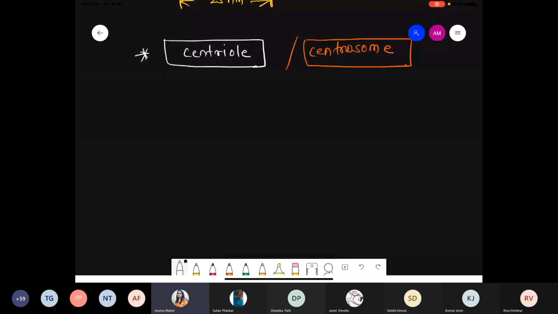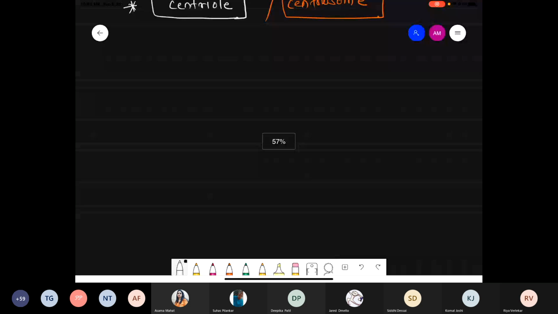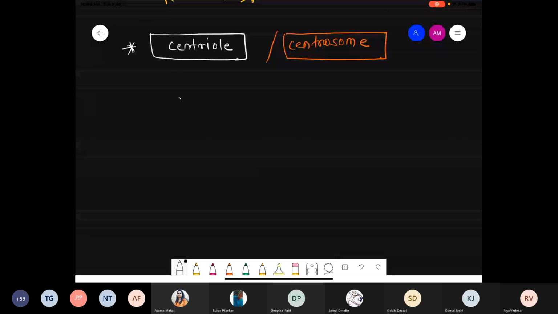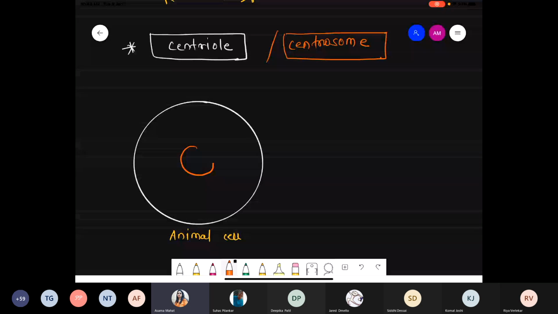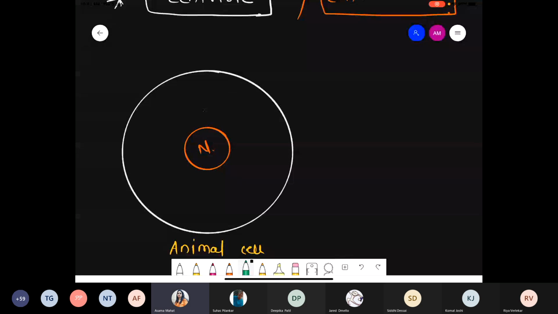Suppose this is one cell, and this is an animal cell. Inside the animal cell, a centrally located nucleus is present. So this is the nucleus. Now exactly near the nucleus, but in the cytoplasm, a proteinaceous body is present, like this dotted line.